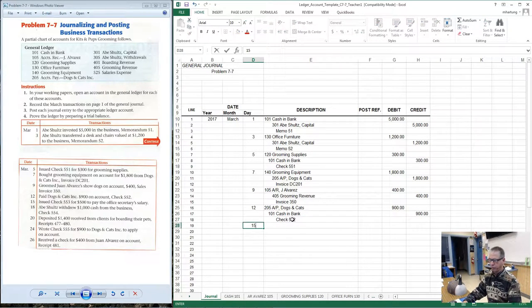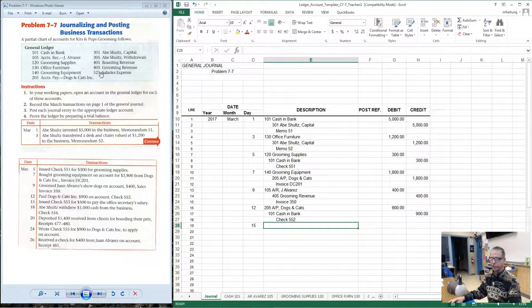On the 15th, what happened? Issued check 553 for $500 to pay the office secretary's salary. All right, once again, there's a check, so we know we've got a use of cash and a decrease in cash. We know that we decrease cash or decrease assets with a credit. And then here we've got secretary's salary. Salary, that's an expense.